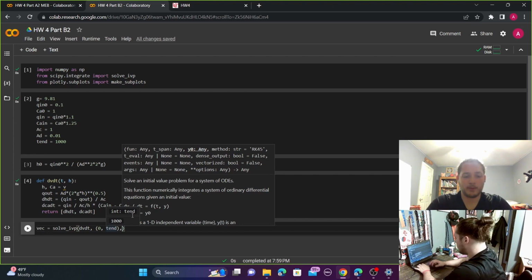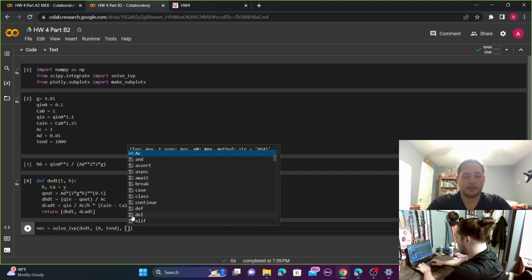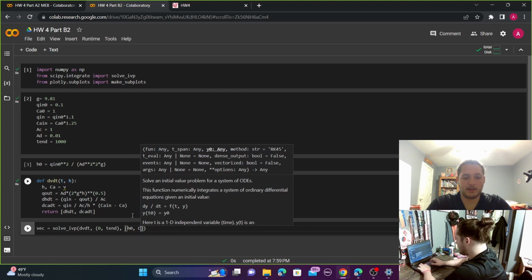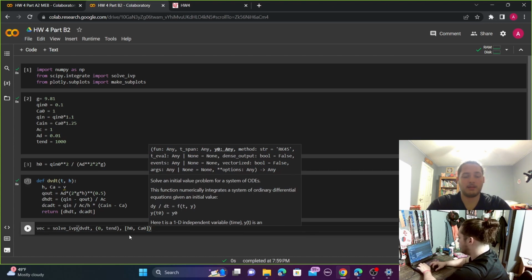And here we are going to label our initial values, H naught and our initial CA naught for our initial values of our liquid level and concentration in the system.